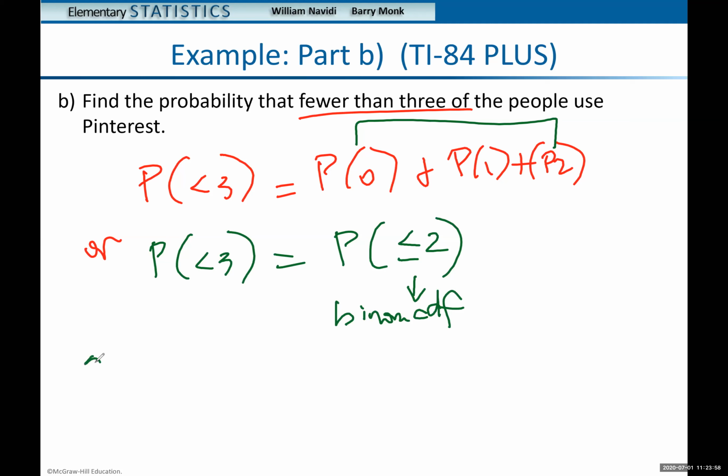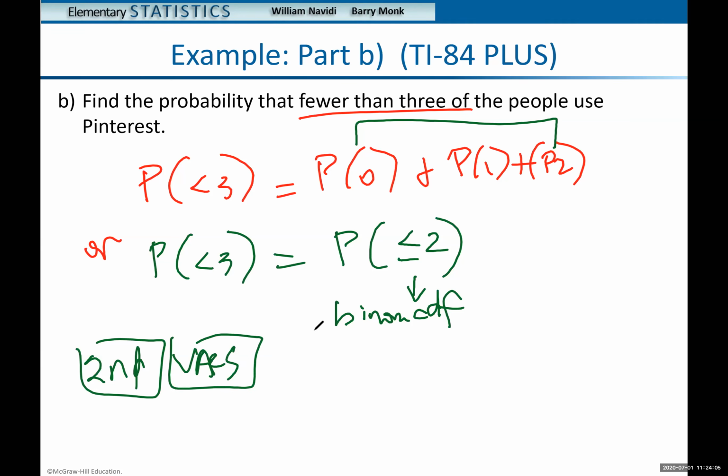So you do the same thing, second vars, scroll down, look for binom CDF. You're going to see the same thing: trials, P and X value.